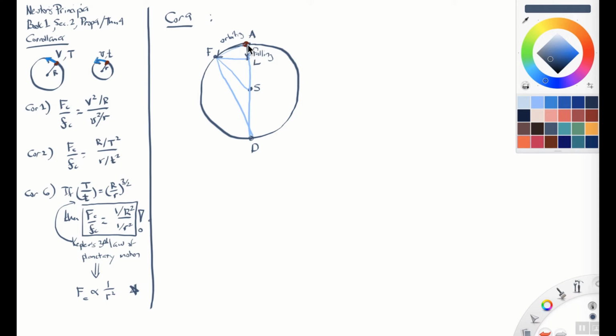Okay, so this is the classic experiment where we're comparing the orbit of the moon to the falling of an apple, for example.